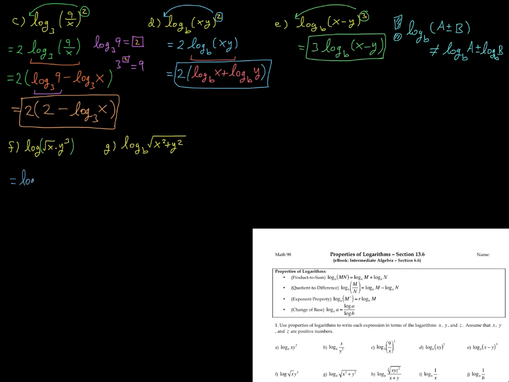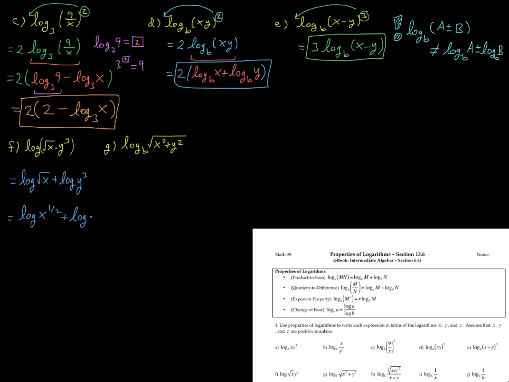So get the log of the square root of x plus the log of y cubed. Okay, now you might say, well, I think I'm done here with log of square root of x. Be a little careful though, because what is the square root of x? It is x to the 1/2 power.